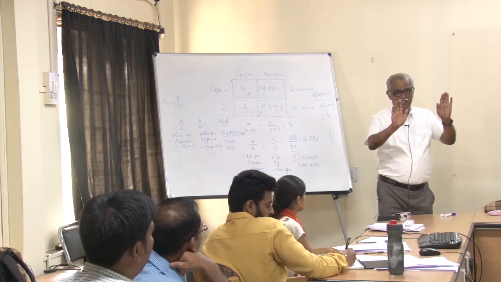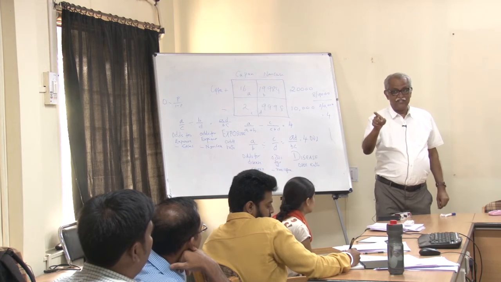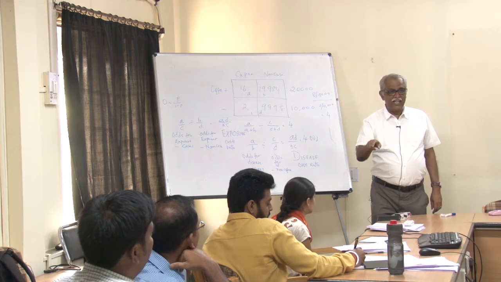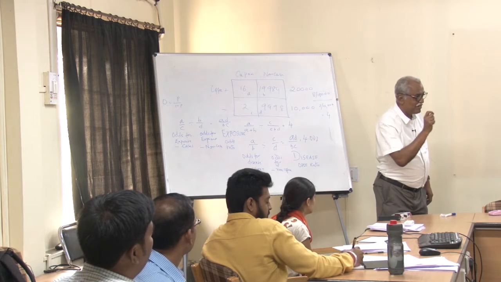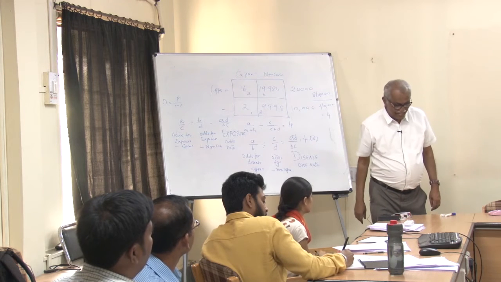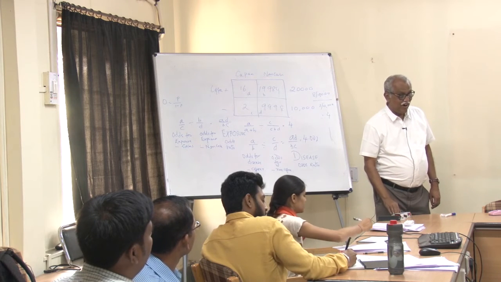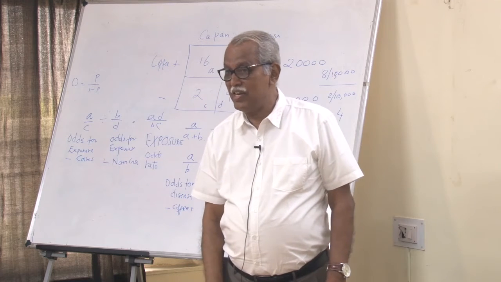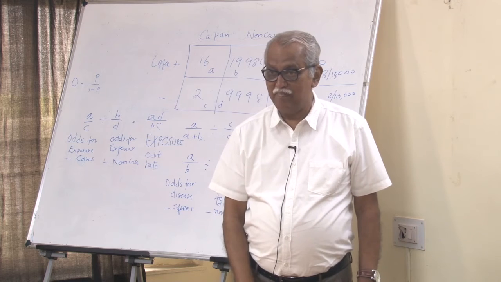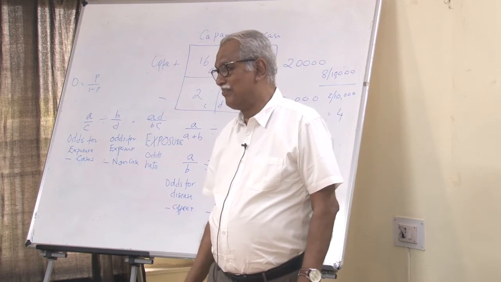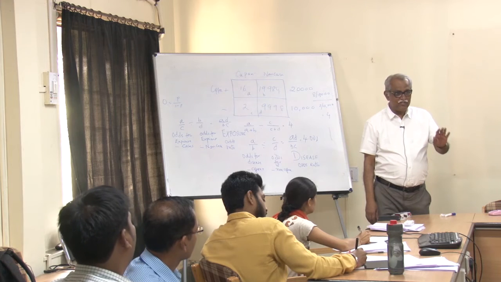The disease exposure odds ratio, which we calculated, is exactly equal to the disease odds ratio. So now I can say that odds for disease among smokers is 10 times greater as compared to the odds of disease among non-smokers. And then he said, hold it, is lung cancer a rare disease?